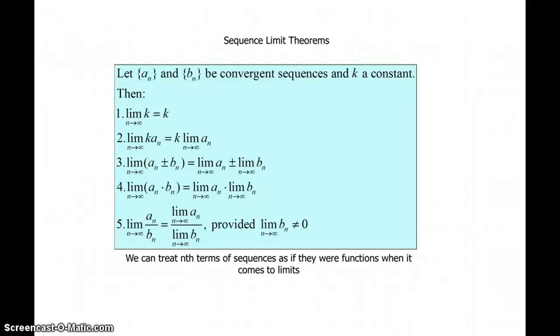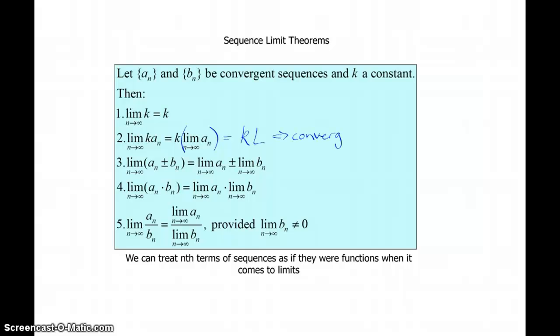The limit of a constant times our sequence. The constant does pop out front, then we can take the limit of our sequence. And the constant k multiplied by, if this is a convergent sequence, k multiplied by L still gives us convergence.